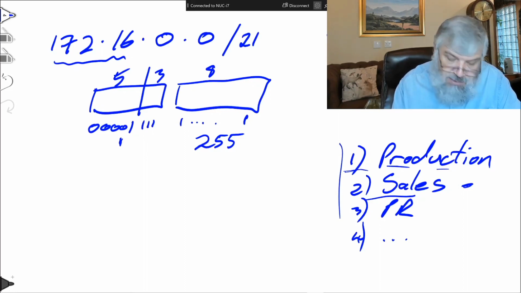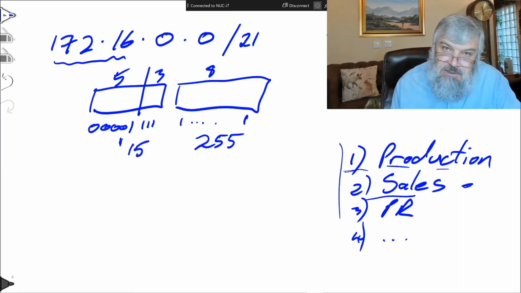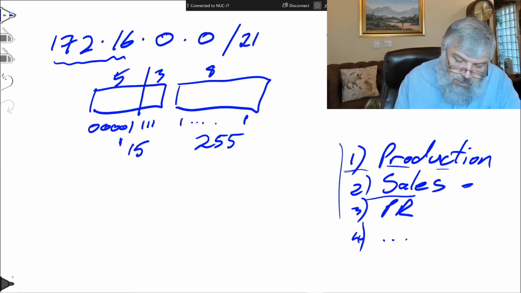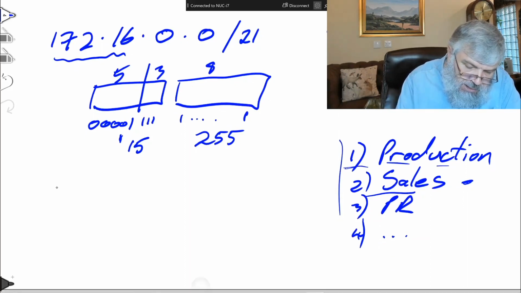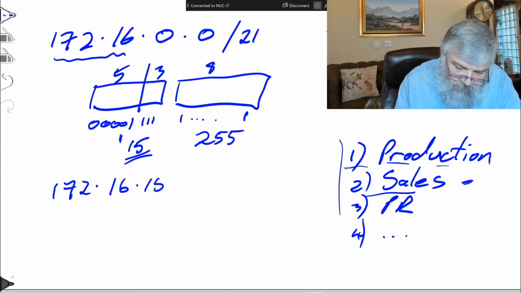If you follow that, great. Else, you can do the calculation the long way. The short answer is that the value that we are looking at there is 15. So the broadcast address for production would be 172.16, getting the 15 from there and the 255 from there.